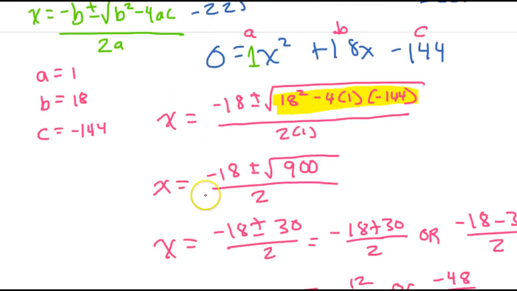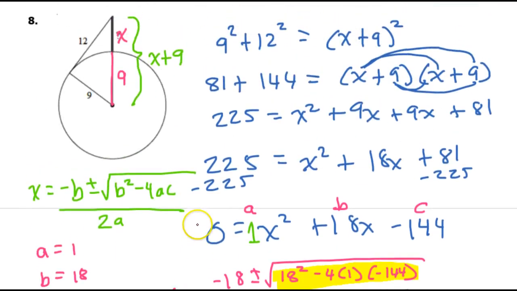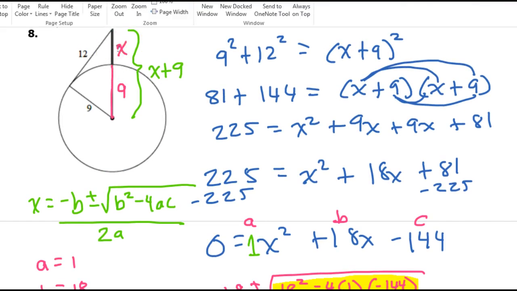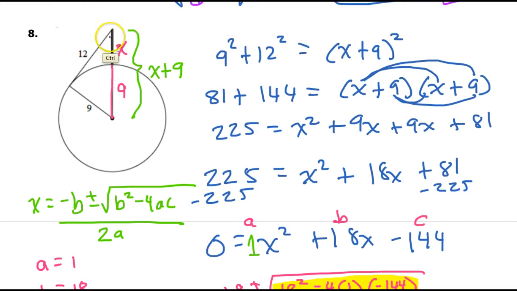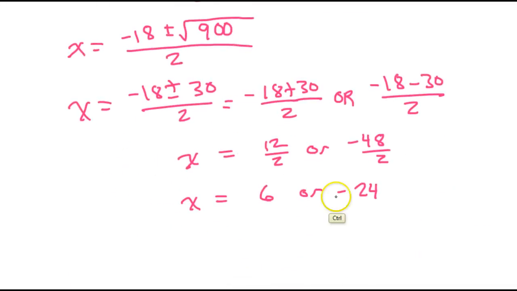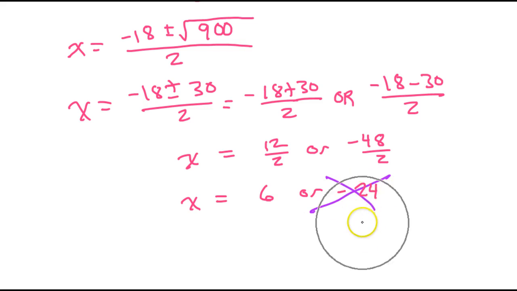However, this is a geometric problem. X represents something. It represents the length of this little piece I'm going to color in purple right now. X represents that length. Can you have a negative length? No. A length can only be positive. So that means that this negative version is extraneous. It doesn't make sense.